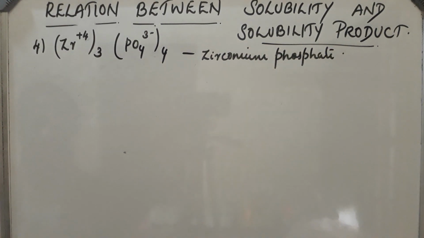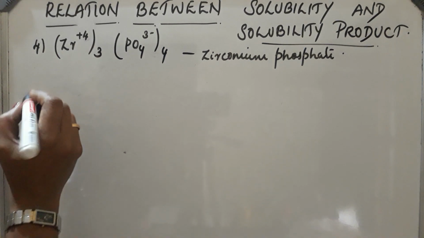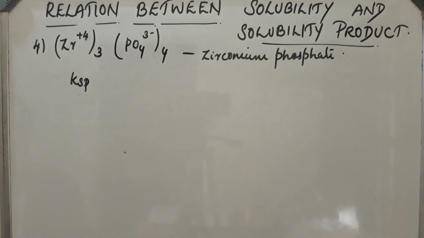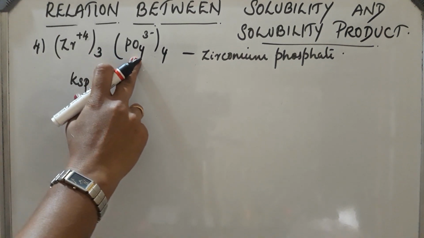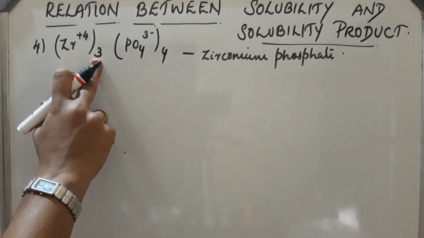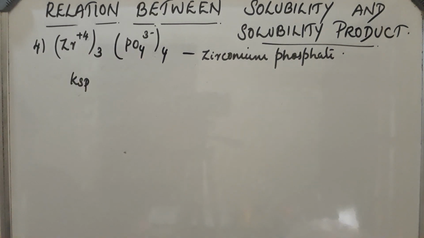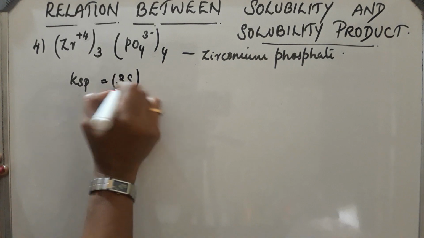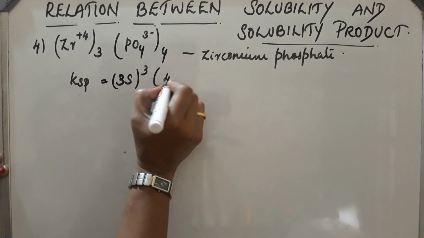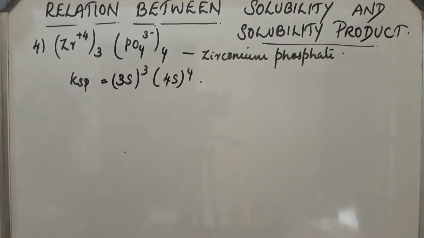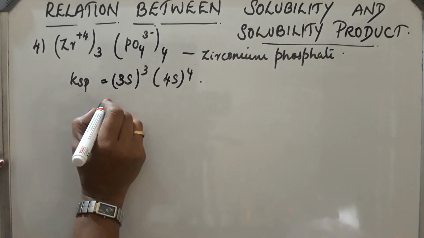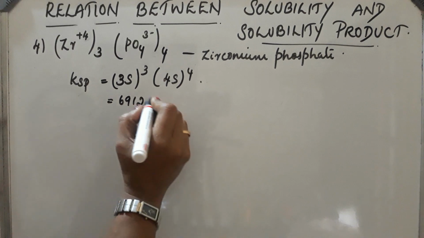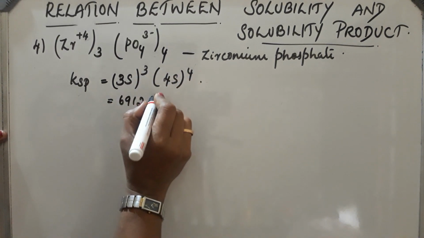In this case it ionizes as zirconium and phosphate ions. Three zirconium ions are present and four phosphate ions are present. So KSP will be equal to 3S whole cube and 4S whole raised to 4. This will be equal to 6912 S raised to 7, since 3 plus 4 is 7.